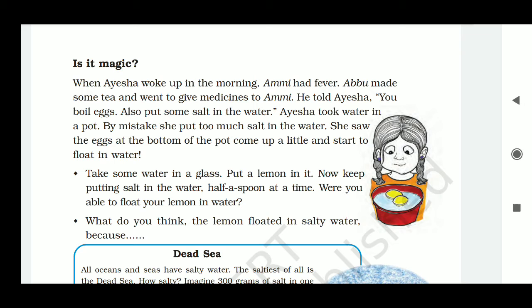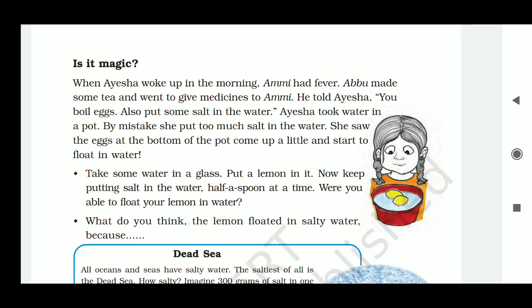Since you are in class 5, the term density will be difficult to understand. So in this case we will discuss the thickness of water. When we add salt in water, the thickness will increase, and the thickness of the water results in floating of the egg or lemon in this case.